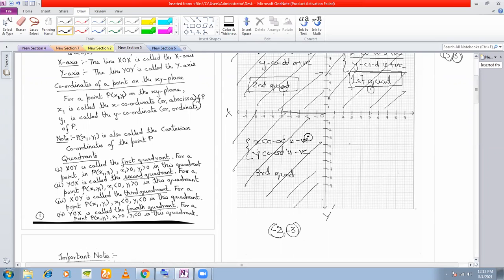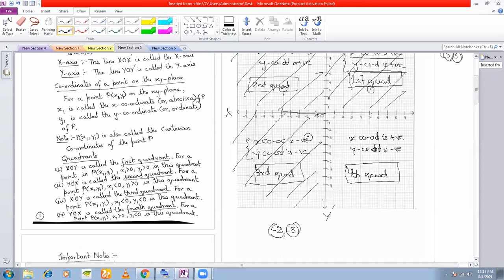And this is called the fourth quadrant. In the fourth quadrant, you will have the x coordinate positive and the y coordinate negative.